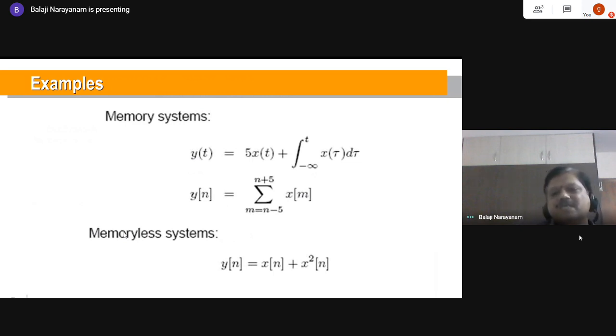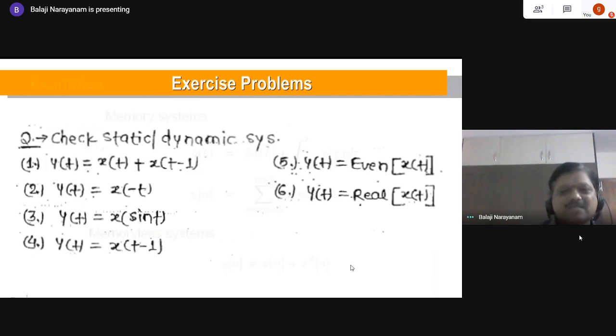You observe that there is a memory requirement in the above two equations. Hence we may say these are memory systems. Memoryless systems: y of n is equal to x of n and x square of n. These are all present values, and there is no memory requirement.